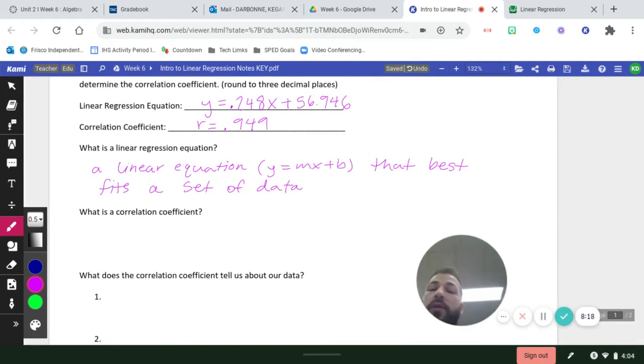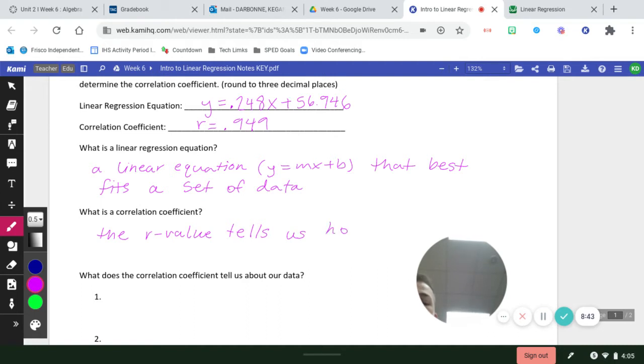Okay, what is the correlation coefficient? I didn't really talk about what the correlation coefficient is, but the correlation coefficient, our R value, tells us how good of a fit our regression is to the data.